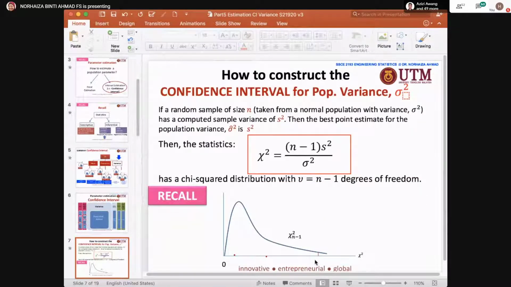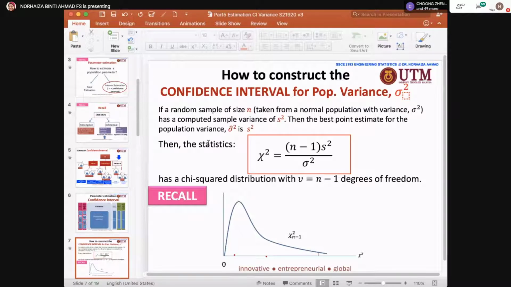If you take a random sample of size n from a normal population with variance sigma squared, and you compute its sample variance, then the best point estimate for the population variance is S squared. This you already know from the first part of parameter estimation.